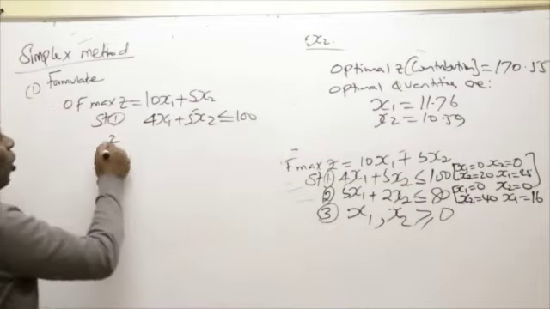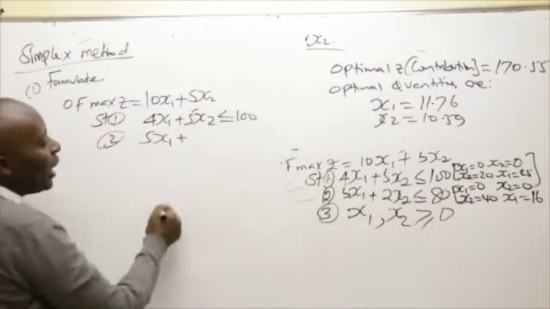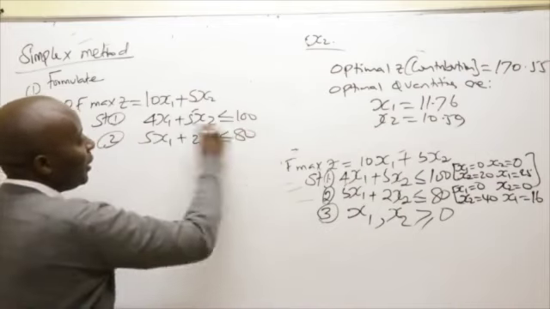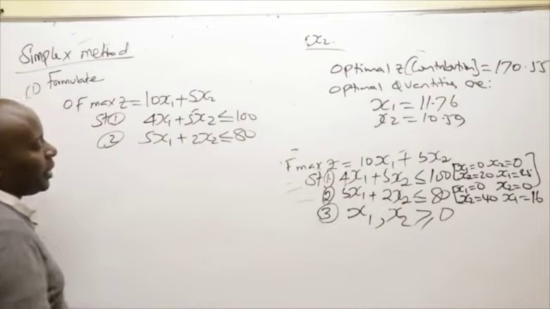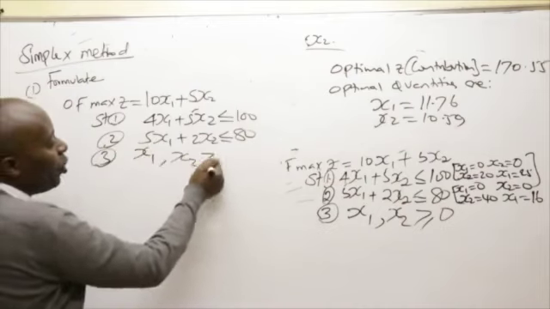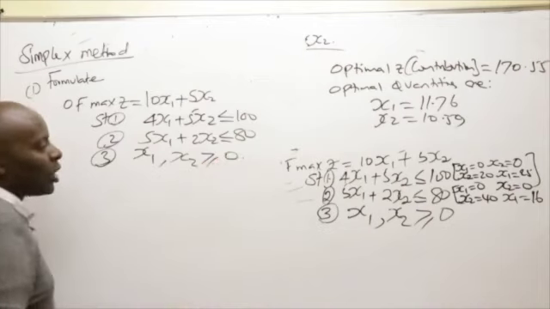Number two, we have 5x1 plus 2x2 less or equal to 80. Number three, we have x1, x2 greater or equal to 0.